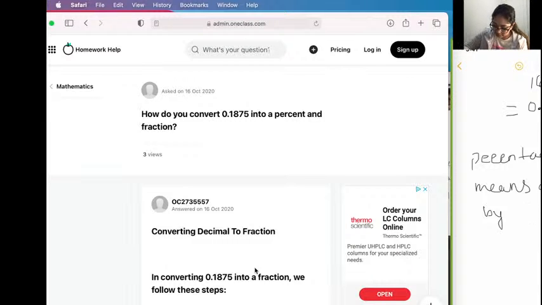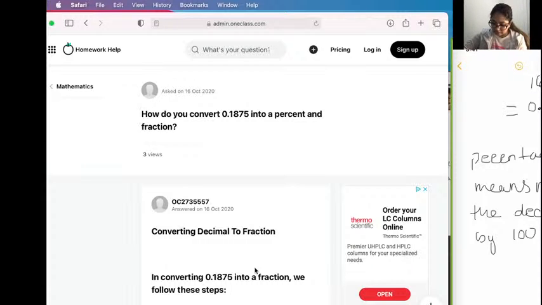So we already have a decimal, so we multiply the decimal by 100.